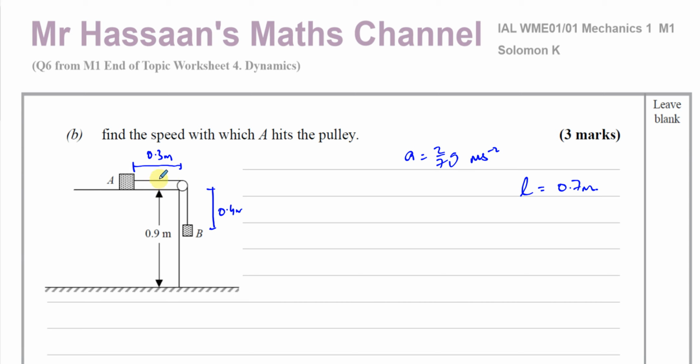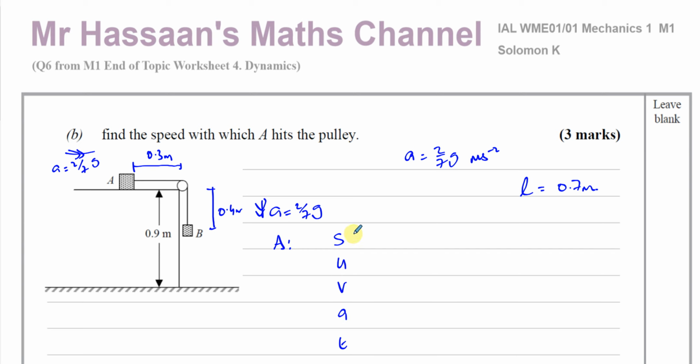Now, we know the system is accelerating in this direction, and the acceleration is 2 over 7g. A is accelerating in that direction, and it's also equal to 2 over 7g. We also know that it's released from rest. So let's consider the particle A. You have SUVAT.